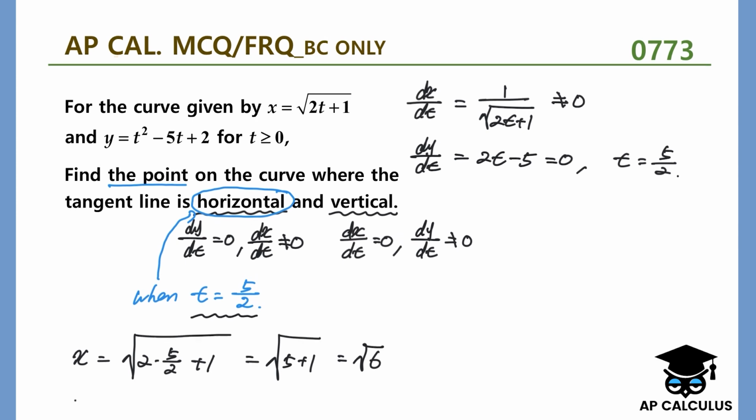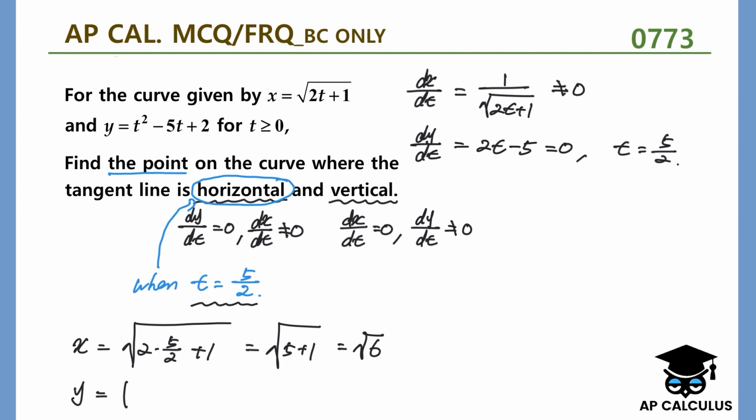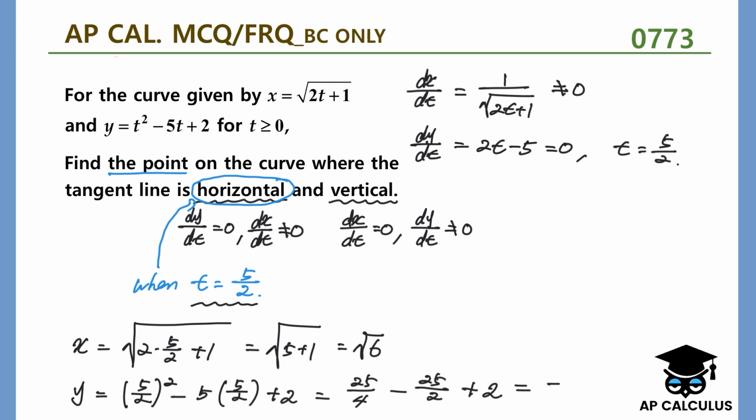What about y? y is equal to (5/2) squared minus 5 times 5/2 plus 2. So that's 25/4 minus 25/2 plus 2, right? If you use a calculator, that's going to be negative 17/4. All right, so we do have a horizontal tangent line at the point (square root of 6, negative 17/4).